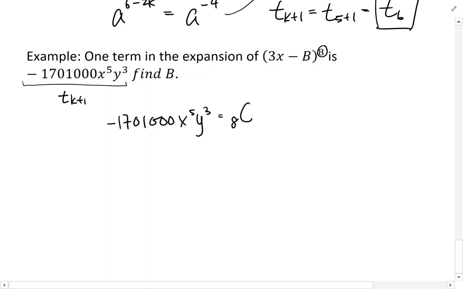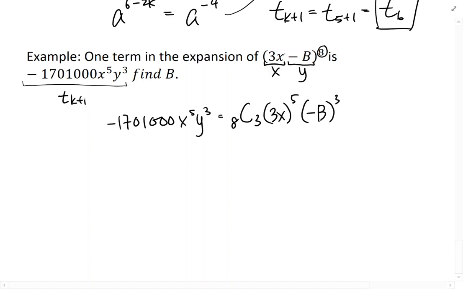Since we have an x to the 5 here, remember the second number is just the exponent of our y, so it's going to be 3. This is basically our x, this is basically our y, so we could put that in. We know x is to the power of n minus k, which is 5 in this case, 8 minus 3. And our y is negative b y, and that'll be to the 3.